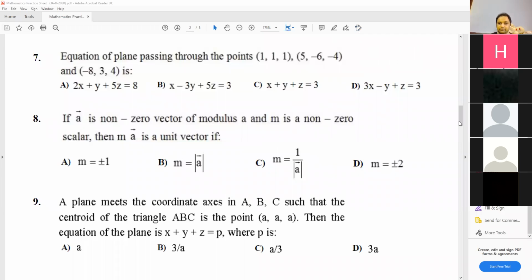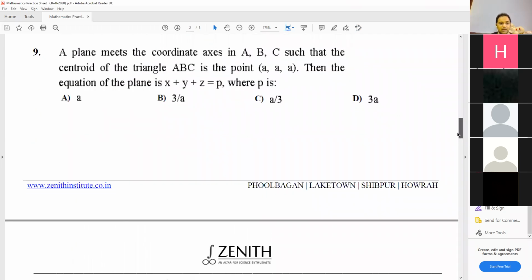Okay, 9. A plane meets the coordinate axes in A, B, and C such that the centroid of the triangle is (a, a, a). So let's say we have these coordinate axes, and then there is a plane like this.